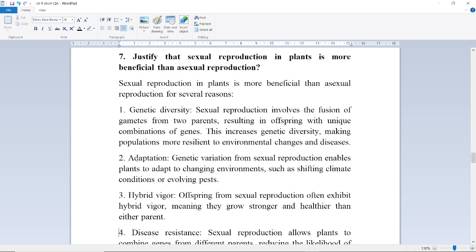Next is adaptation. Genetic variation from sexual reproduction enables plants to adapt to changing environments such as shifting climate conditions or evolving pests. Next is hybrid vigor. Offspring from sexual reproduction often exhibit hybrid vigor, meaning they grow stronger and healthier than either parent.